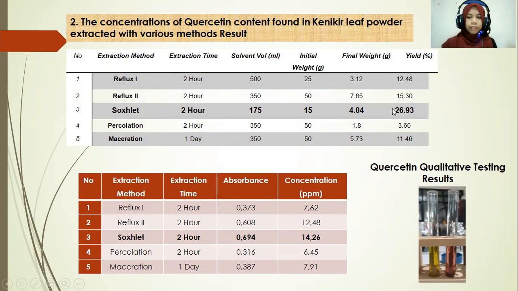Circulate, the result, the percent yield is high, and the concentration in ppm is 14.26. And this is the picture of the qualitative testing result.